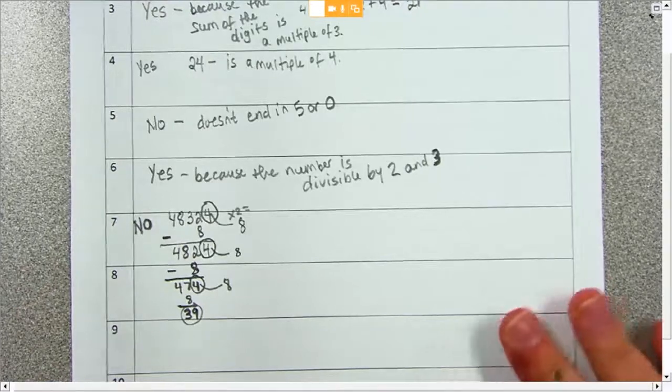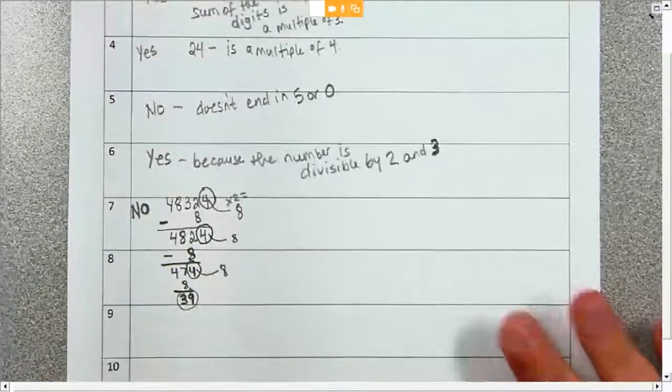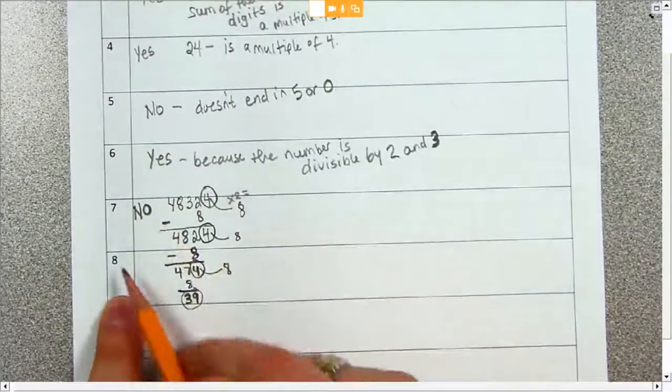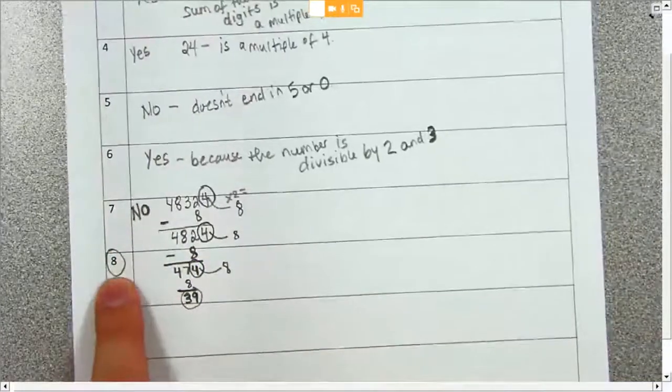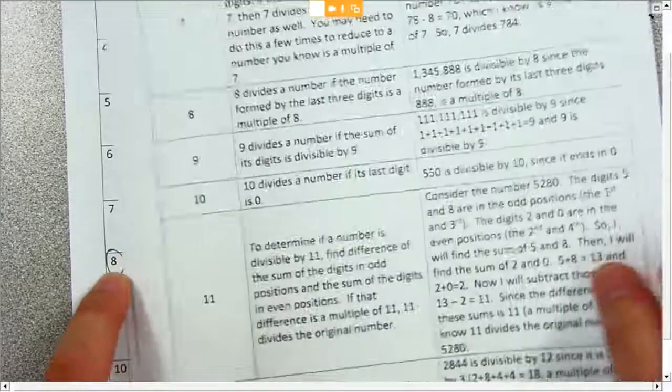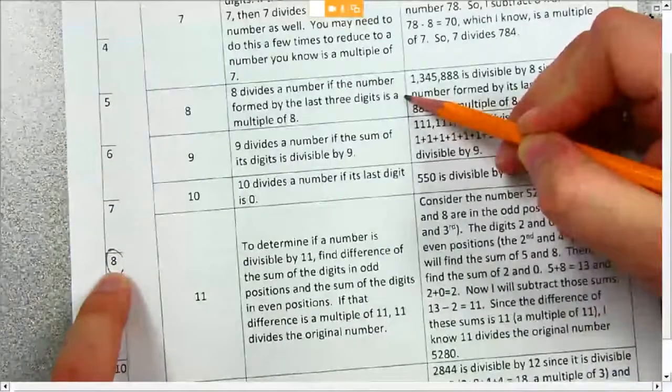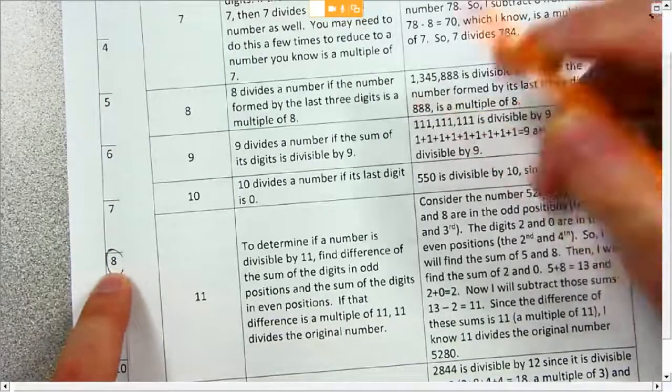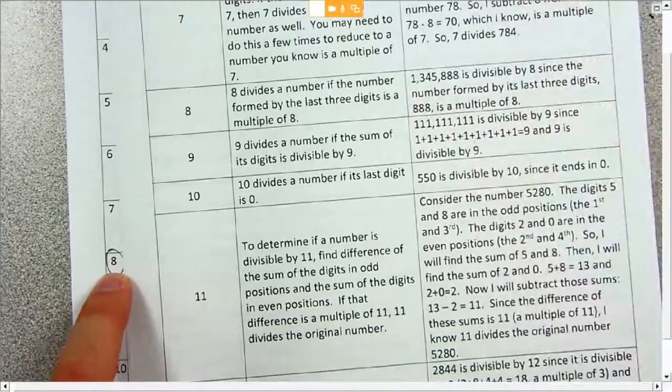Okay. Now, 8. The rule for 8 says that 8 divides a number if the number formed by its last 3 digits is a multiple of 8. And unless you know a lot of 3-digit multiples of 8, we're not going to be able to do this without just dividing on the calculator.